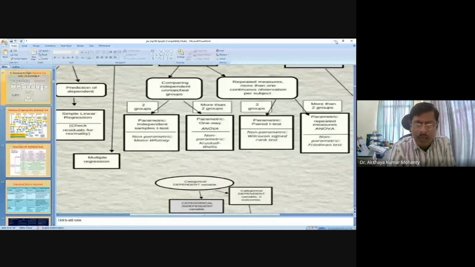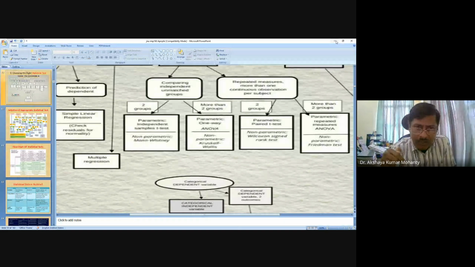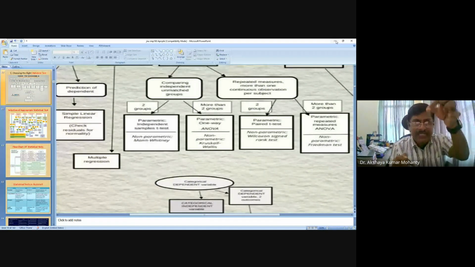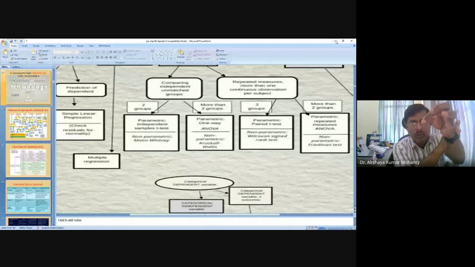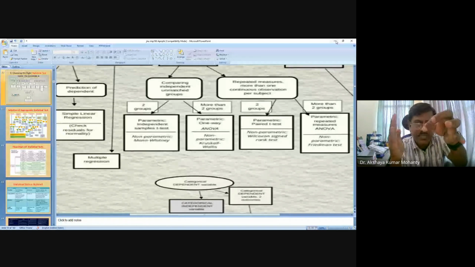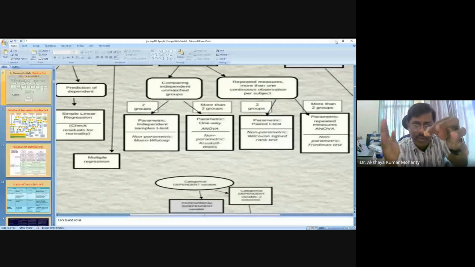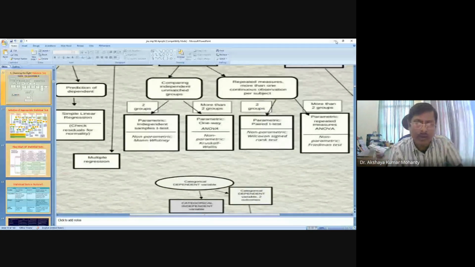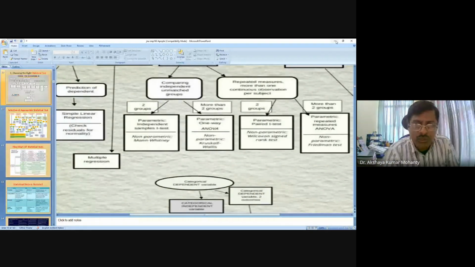You know, in the temple there is a bell that is hung. You know the bell shape. So why is it called the bell shape? If you see the bell, it is exactly 50% towards the left and 50% towards the right. So that's why it is called the bell shape curve. The other name of normality is the bell shaped distribution curve.